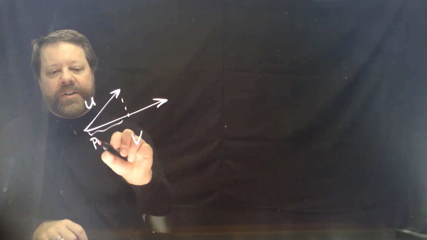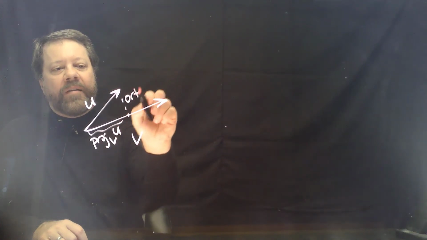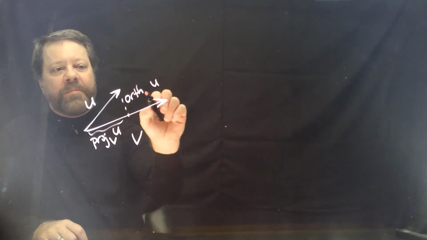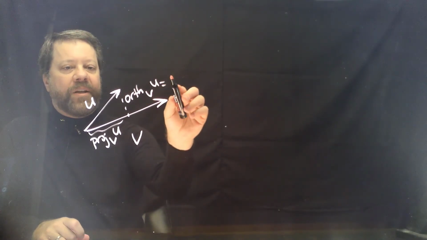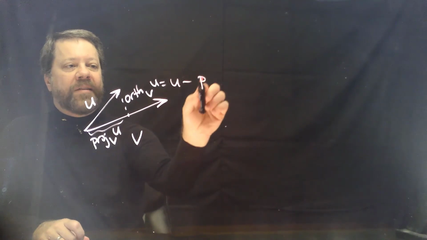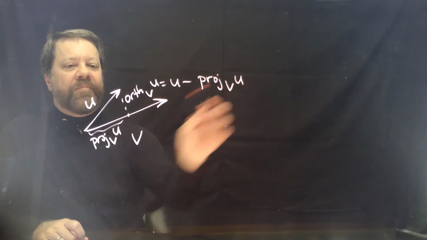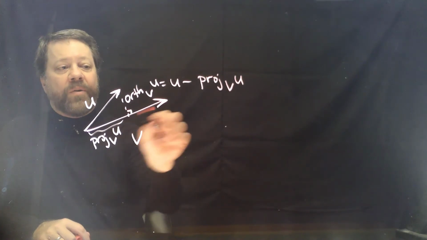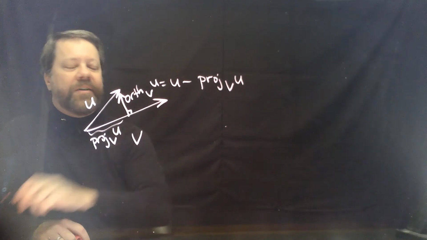This is the projection of u onto v. The orthogonal complement of u on v is over here, and it's easily calculated to be u minus the projection of u onto v. Notice this should be orthogonal to the vector v.